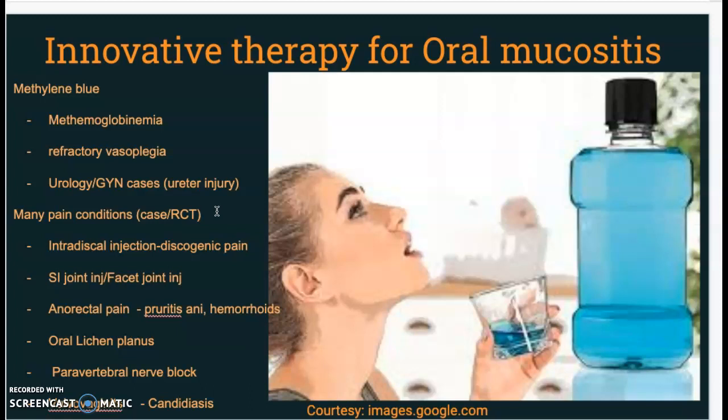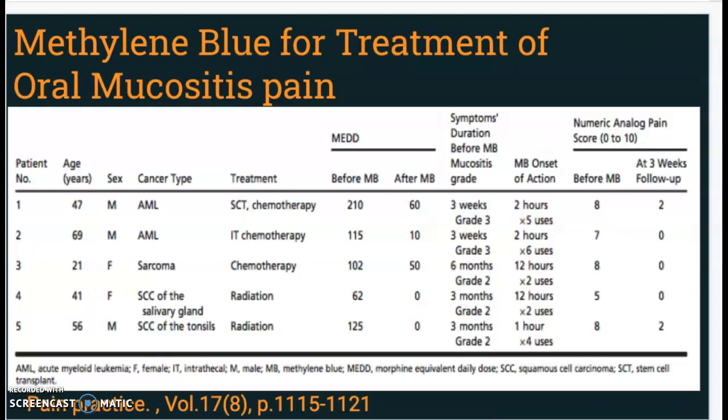And ideally, you must get IRB approval, but at MD Anderson, to give off-label use in 5 patients, you do not need to go through IRB. So he gave this oral rinse to the 5 patients, and he published this data in Pain Practice.